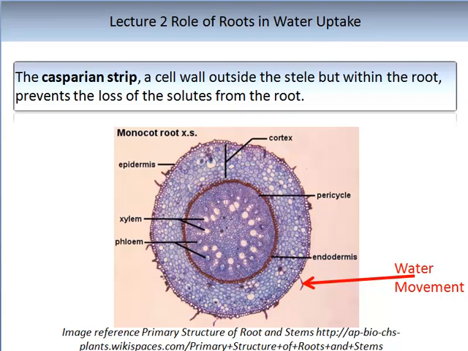This cell wall plays a very important role and prevents the loss of solutes from the root. Inside the endodermis is the stele, where the vessel transport structures are located, and they include the xylem and the phloem. It is in the xylem that water is translocated or moved around the plant.